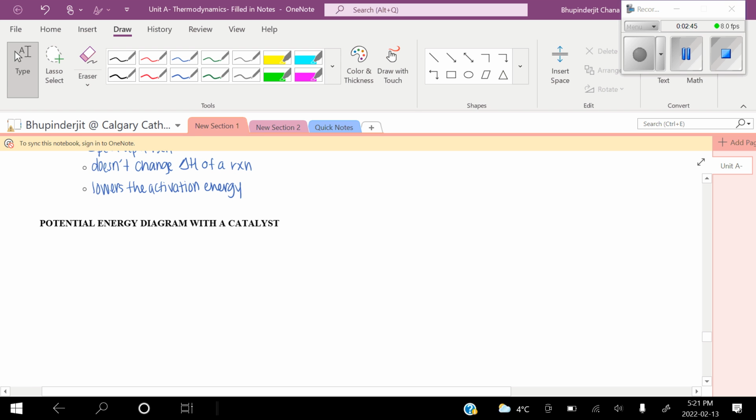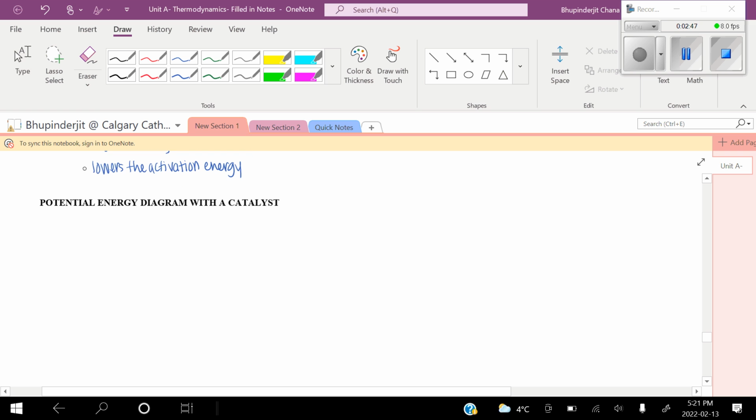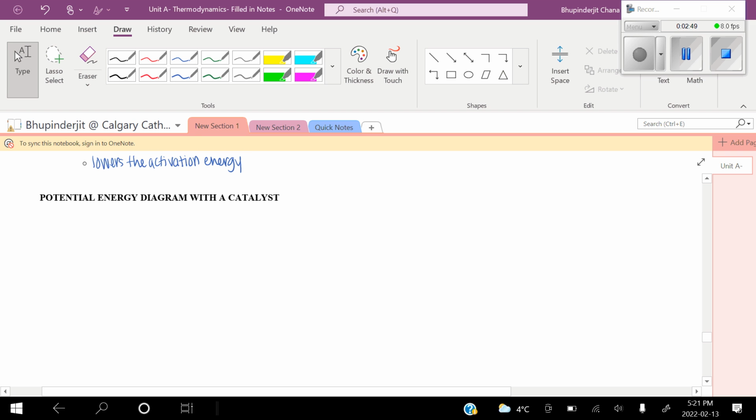Okay, so let's take a look at the diagram. We have seen potential energy diagrams already in the unit. They looked like this. I'm just going to do a quick sketch. Now I'm going to add to these diagrams.